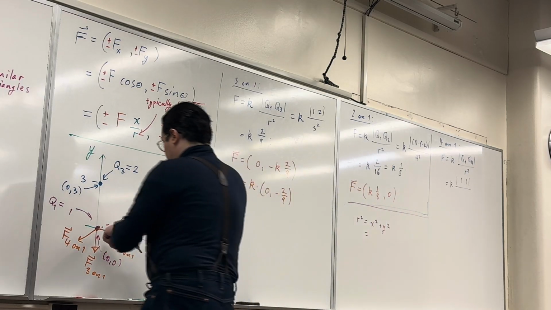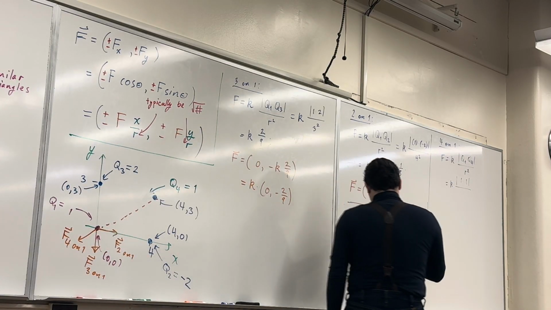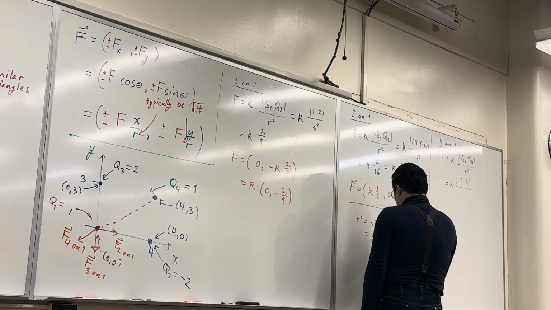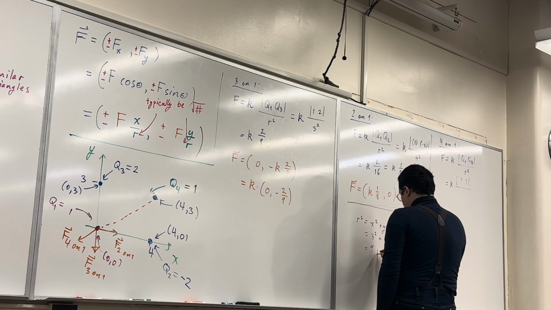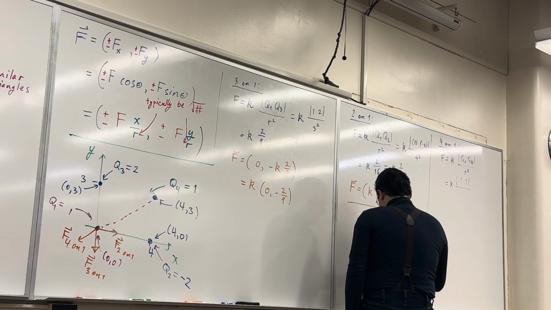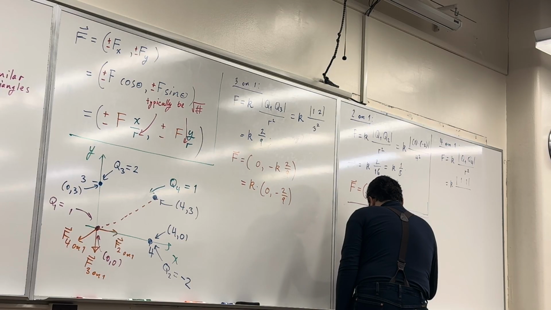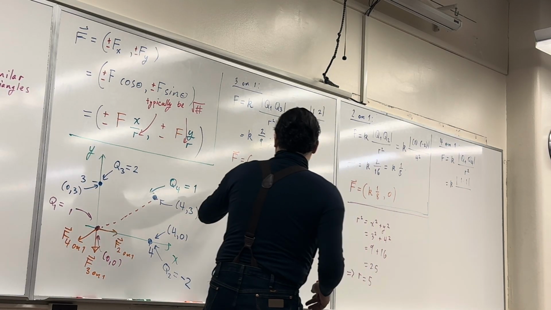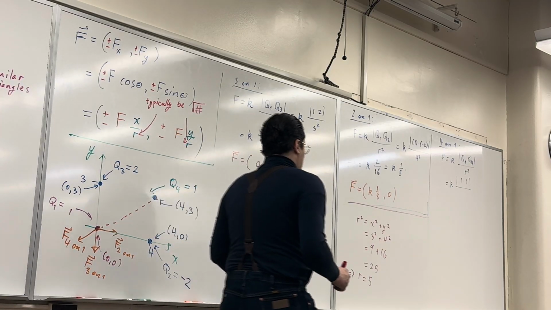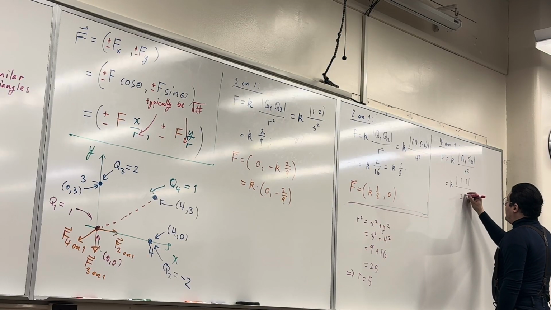The x component is 4 and the y component is 3. So we've got 3 squared plus 4 squared, which is 9 plus 16. 9 plus 16 is 25. So when I take the square root, I get that r is 5. Now it's not useful now, but it will be useful in a moment. If we want r squared, we put 5 squared.